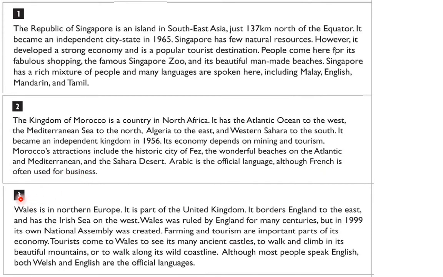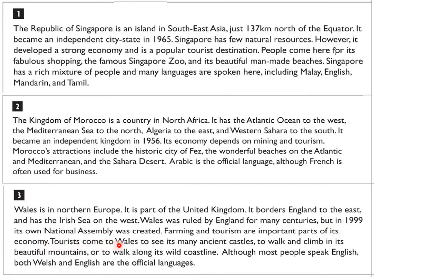The third paragraph. Wales is in northern Europe. It is part of the United Kingdom. It borders England to the east and has the Irish Sea on the west. Wales was ruled by England for many centuries, but in 1999 its own National Assembly was created. Farming and tourism are important parts of its economy.